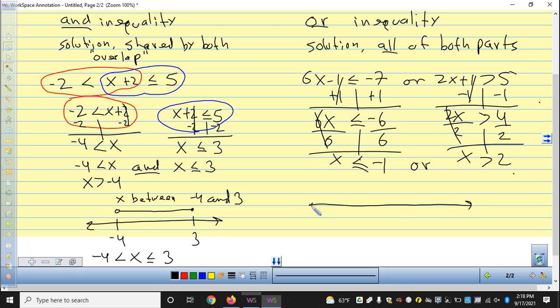My graph, this is going to be the one that looks like two thumbs pointing in the opposite direction. Closed dot on negative 1 because it's equal. Open dot on 2 because it's not equal. And there's my graph.